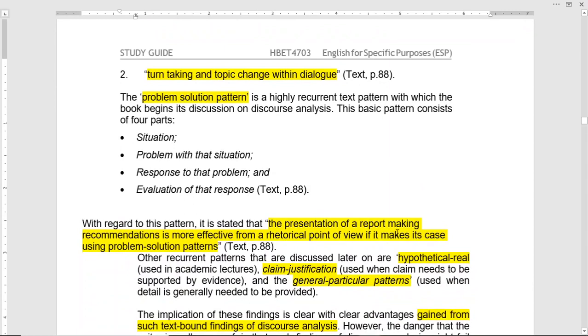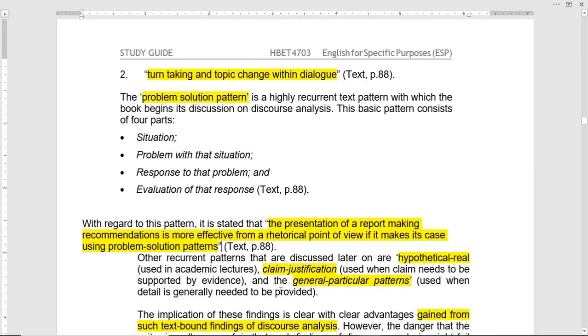So the presentation of a report making recommendations is more effective from a rhetorical point of view if it makes its case using problem solution patterns. For example, this should remind you of the persuasive essays and argumentative essays.